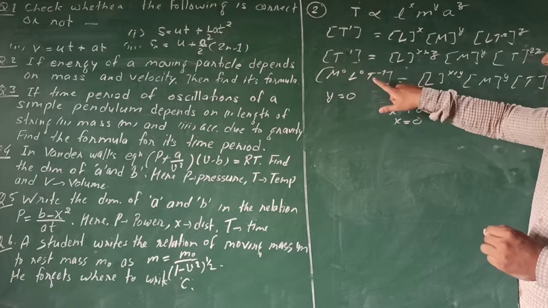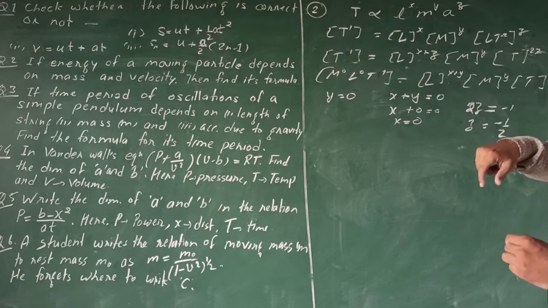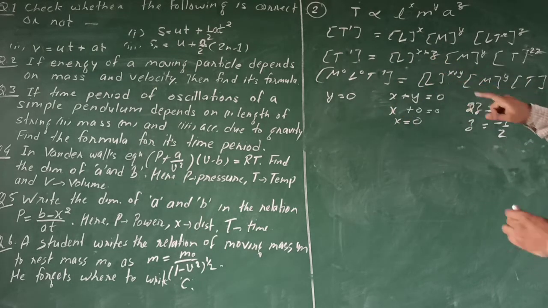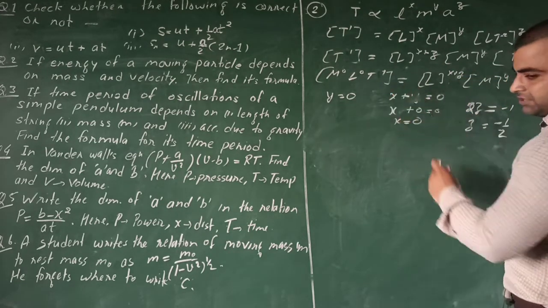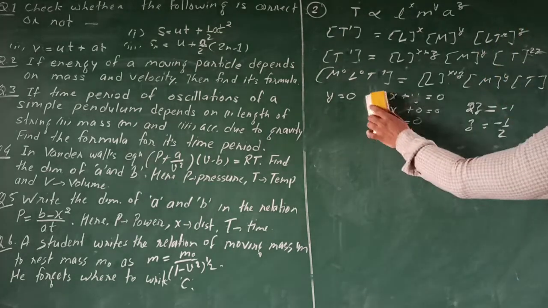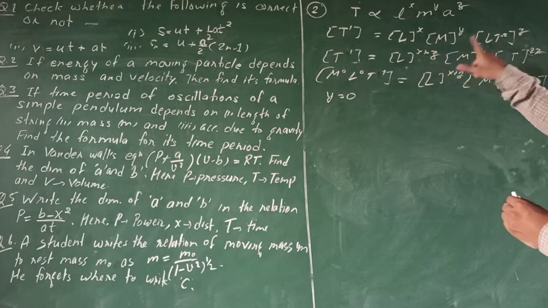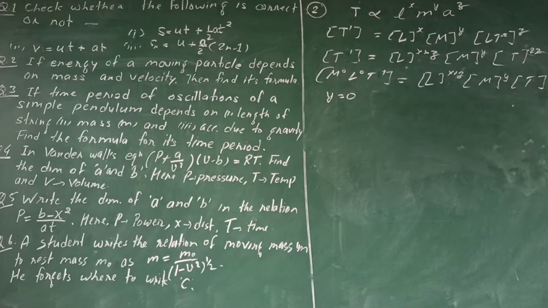Here M0 L0 T1 equals to L^(x plus z), M^y, T^(minus 2z). We have to find out it again.